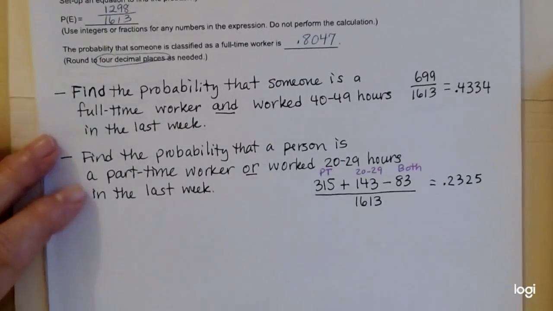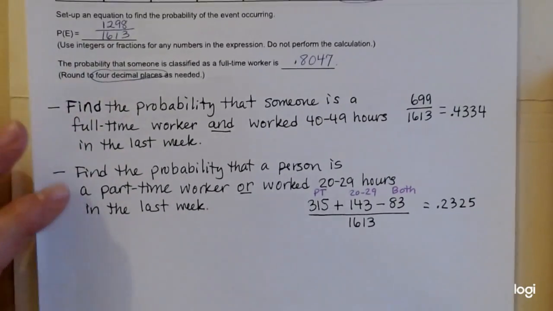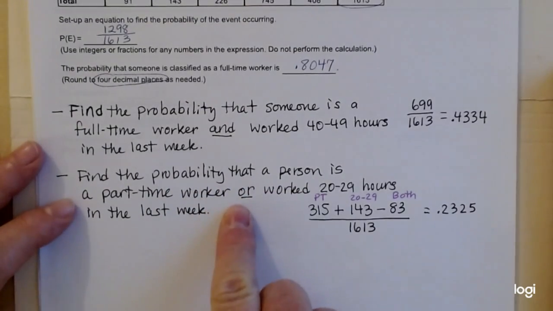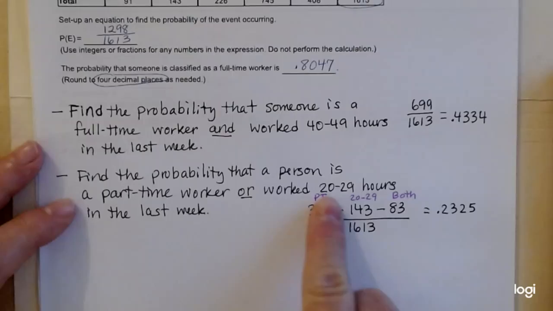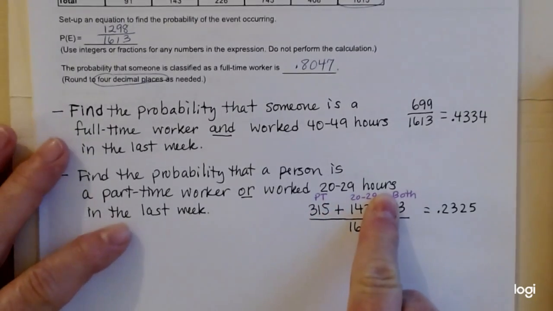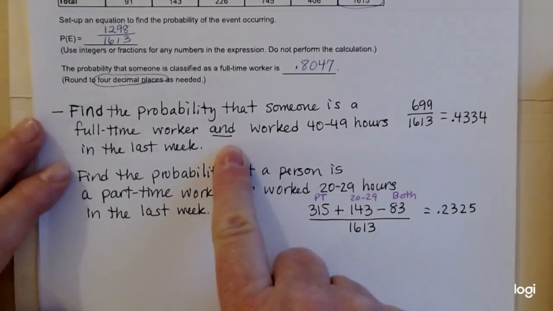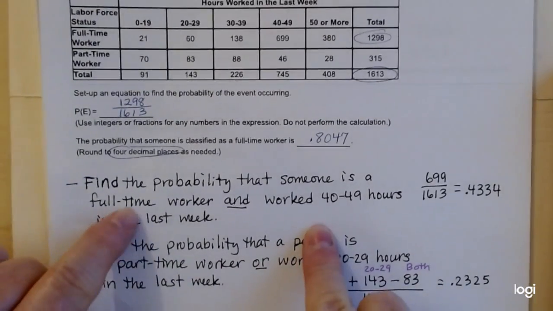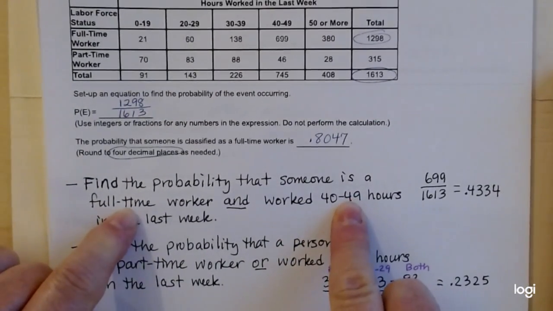Now, the last example we're going to use this table to answer is: find the probability that a person is a part-time worker or worked 20 to 29 hours in the last week. The "and" was the intersection of the two things we were talking about, full-time worker and 40 to 49 hours per week.